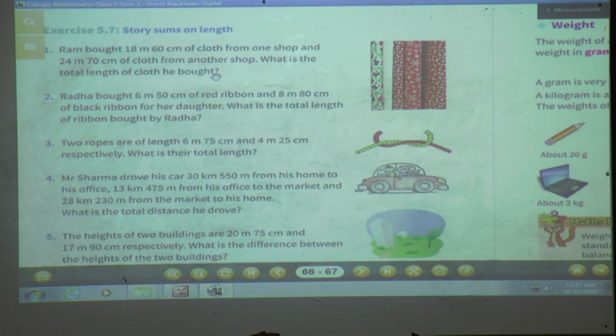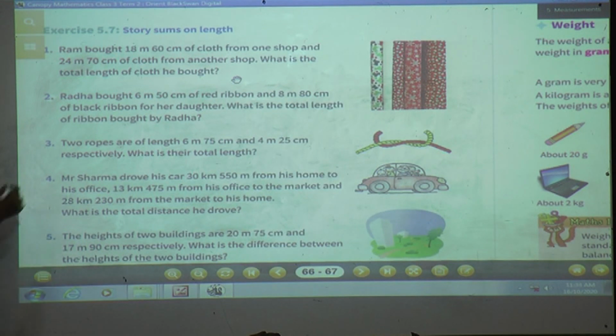See here, he bought two cloths. The length of one cloth is 18 meter 60 centimeter, and 24 meter and 70 centimeter of cloth from another shop, and we have to find out the total length of cloth he bought.